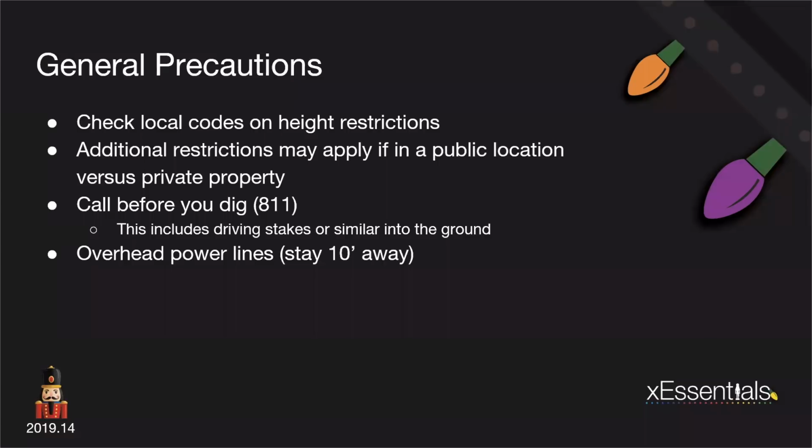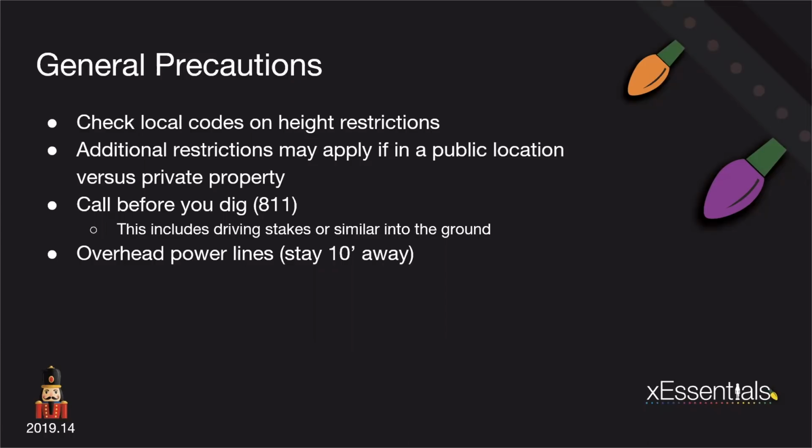Call before you dig, and that includes any driving stakes into the ground, burying any foundations or things like that. Most areas now it's 811, but that's marking out your utilities, because you do not want to put a stake through a gas line, because that's going to cause you a lot of problems with the utilities, a lot of expense, and potentially an explosion.